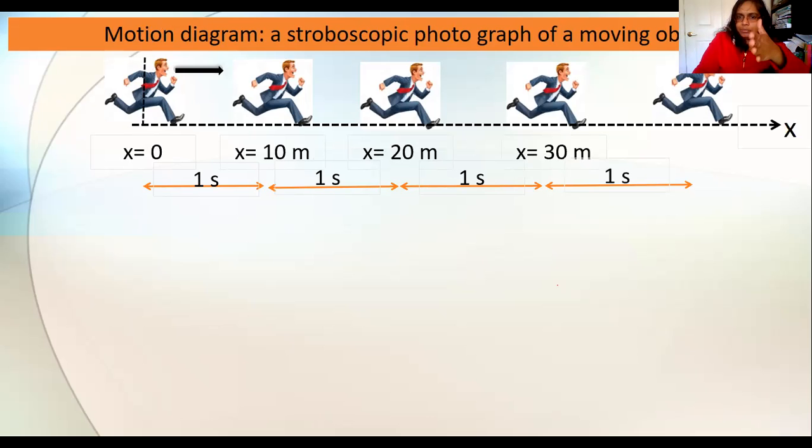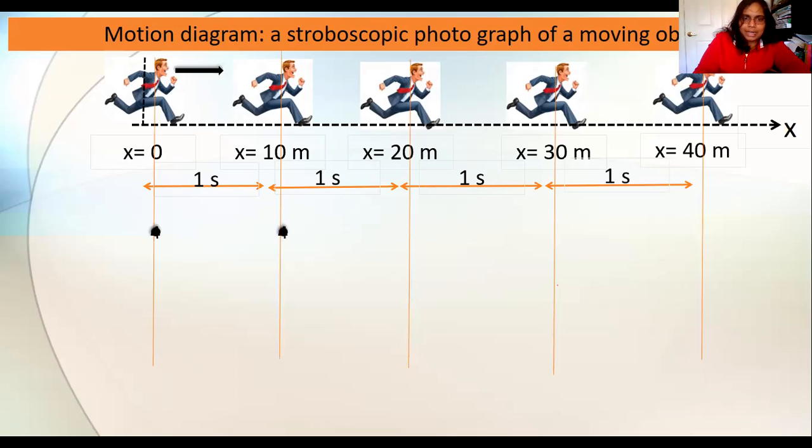In the third second, he moved up to 30 meters. And in the fourth second, he moved up to 40 meters. So you see, every second he's moving 10 meters, right? Now here, as I mentioned, I'm going to draw a particle model because if I'm analyzing this person, I can analyze any position, maybe his leg or maybe his nose, right? So any location, I have to pick a location to analyze.